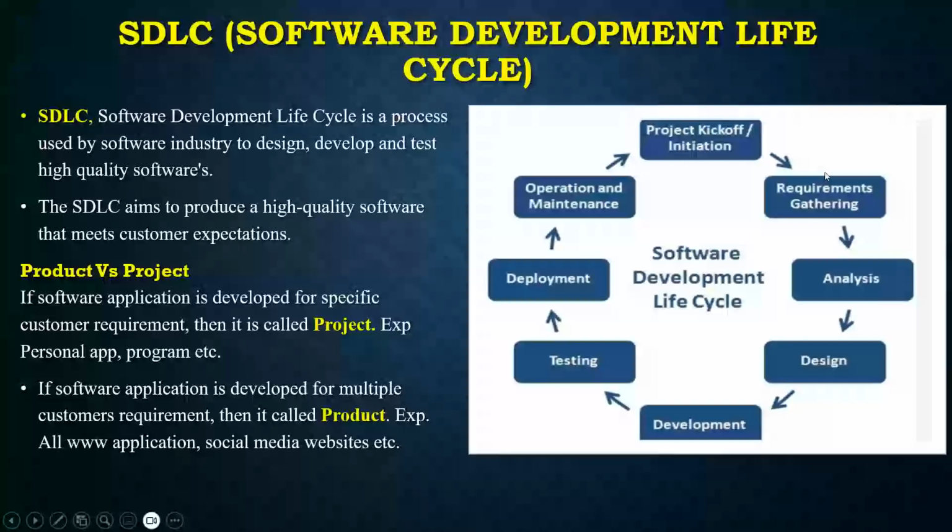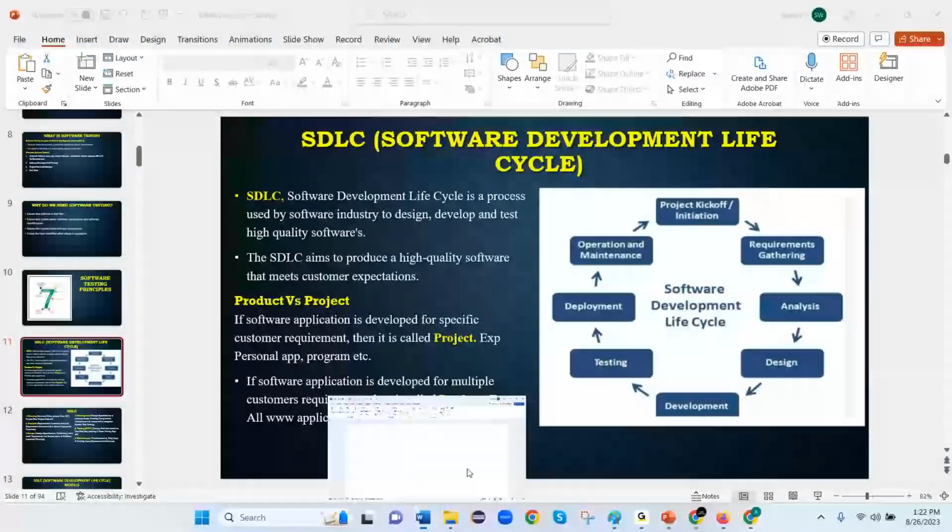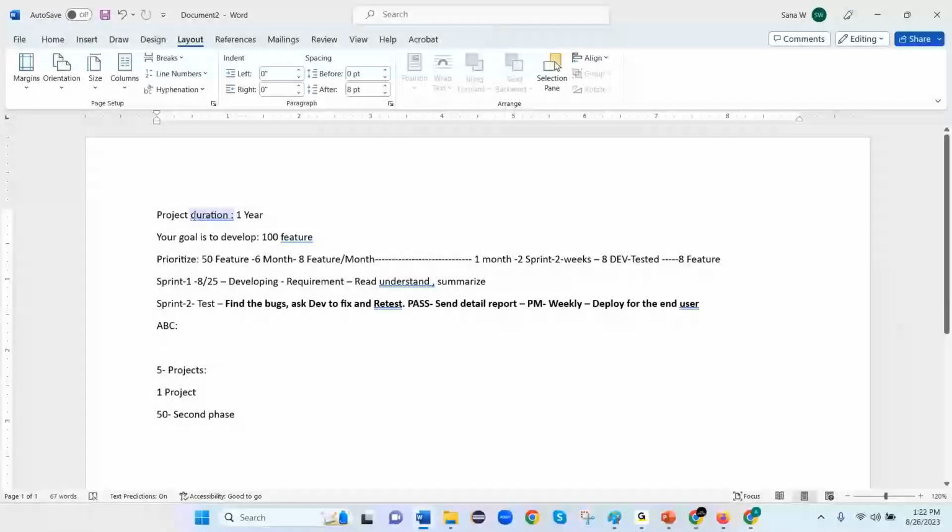Let's say, as in my previous example, your company gets a new project for 1 year. You are part of the team, and the product owner gives you 100 features that are needed in 1 year.